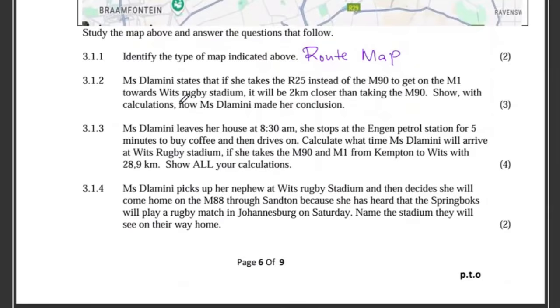Mrs. Lamini states that if she takes the R25 instead of the M90 to get to M1, towards the Wits Rugby Stadium, it will be 2 kilometers closer than the M90. Show with calculations how Mrs. Lamini made her conclusion.